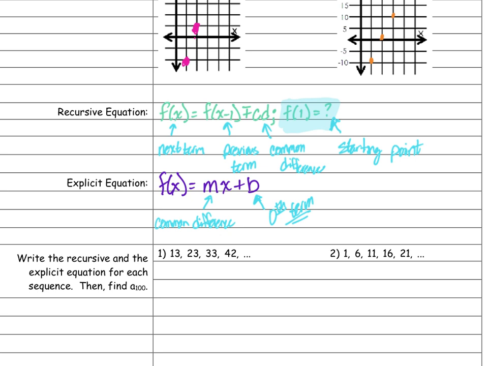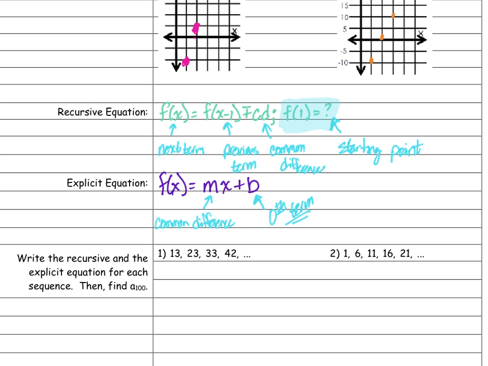So here we go. It says, write the recursive and explicit equation for each sequence, then find a sub 100.